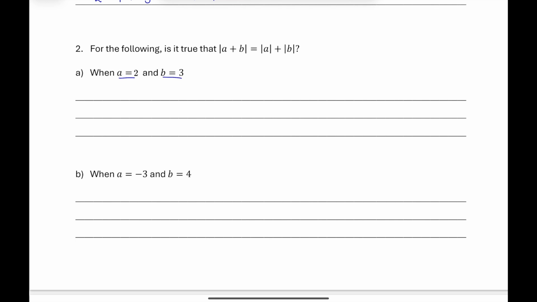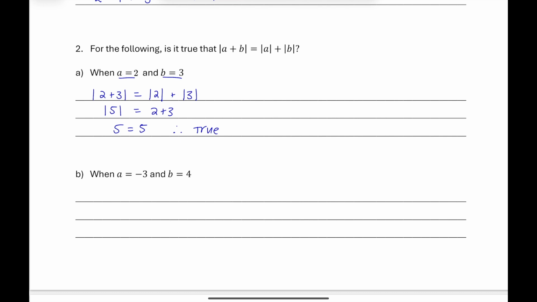So the left-hand side will be the absolute value of 2 plus 3, and we're going to see if it's equal to the absolute value of 2 plus the absolute value of 3. So here we end up with the absolute value of 5 equals 2 plus 3, and 5 equals 5. So we can say, therefore, in this instance, it will be true.